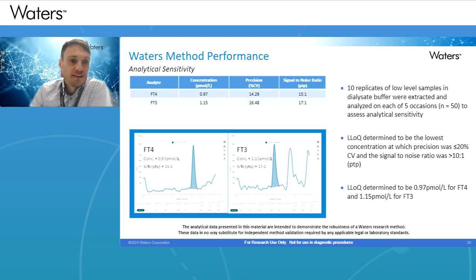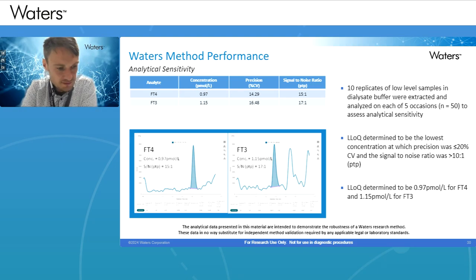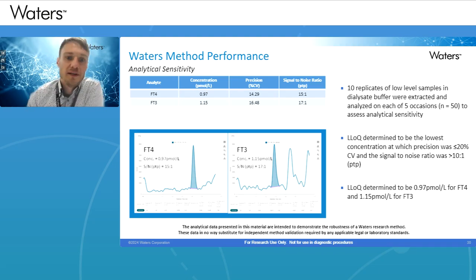For analytical sensitivity, we perform this by extracting and analysing 10 replicates of low-level samples across each of 5 occasions. Again, due to the limitations of being able to spike a stripped matrix, we did this instead using spiked dialysate buffer at low levels.